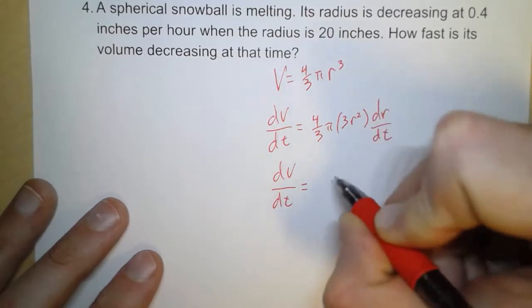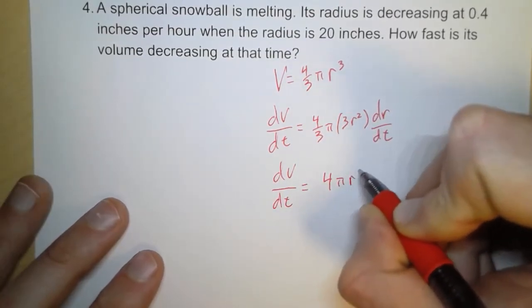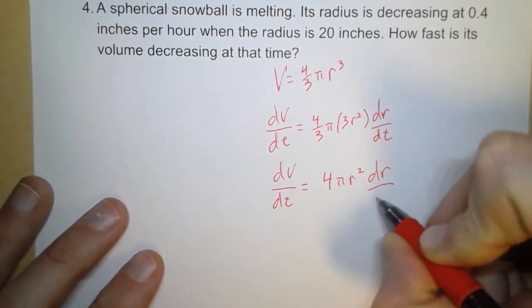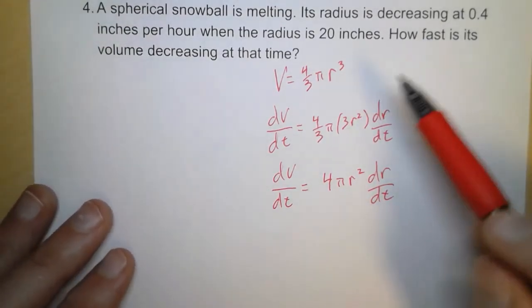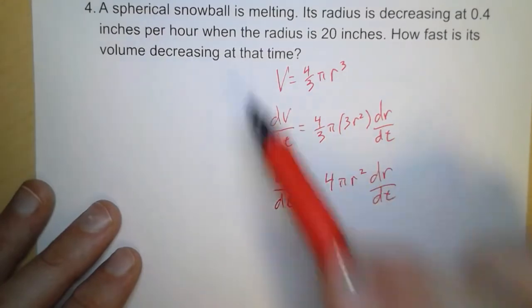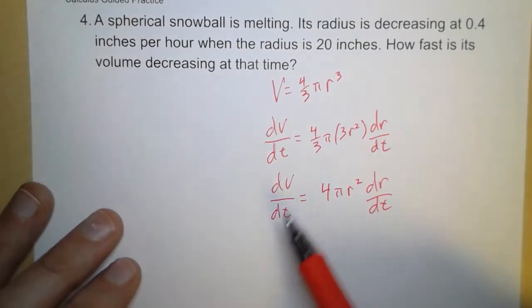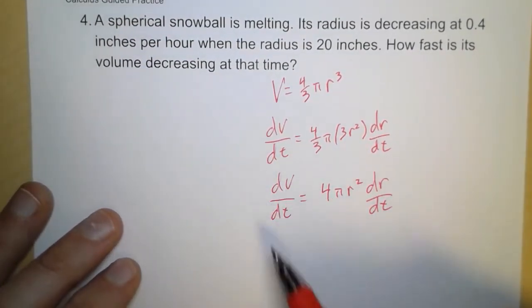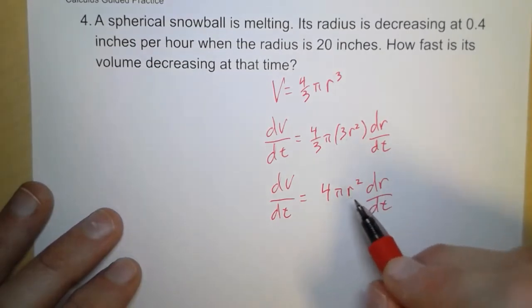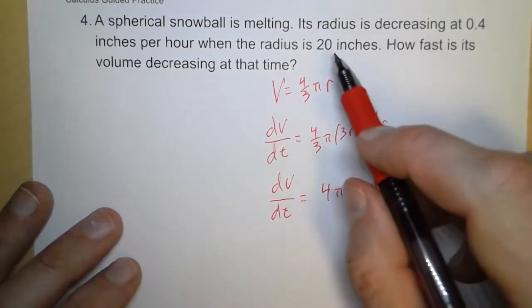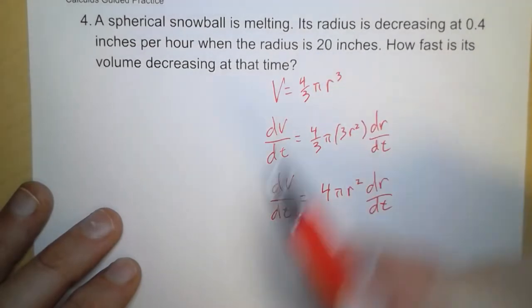So that means we end up with 4 pi r squared dr dt. So it's asking how fast is the volume decreasing at that time. So that means we want to know what dv dt is. So that means we need a value for r. That's the moment in time what the radius is, which is 20 inches.